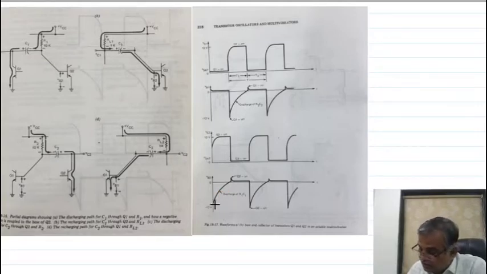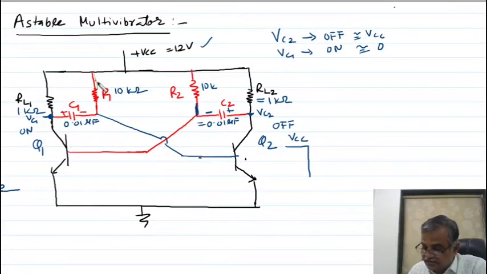As it gives the negative voltage, transistor Q2 comes in the off condition. You can see this as minus, with transistor Q2 in the off condition. The VC2 voltage is very high, that I have shown by this. As C1 is discharged, immediately this gives the negative pulse.